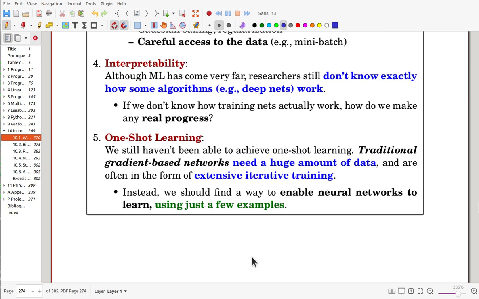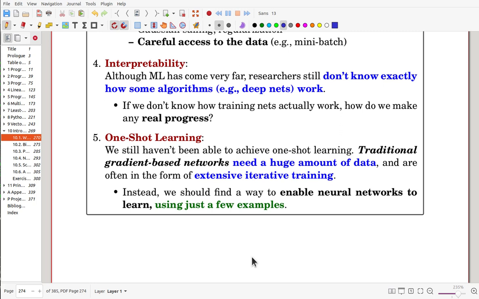And finally, we have an issue around data size for learning. We still haven't been able to achieve one-shot learning. Traditionally, the gradient descent method for neural networks needs a huge amount of data, and often we also need very many iterations for training.